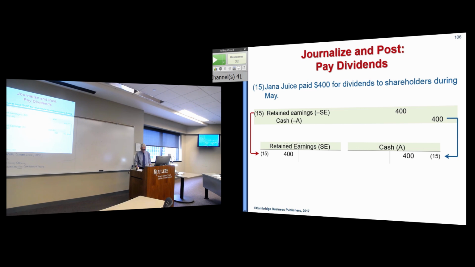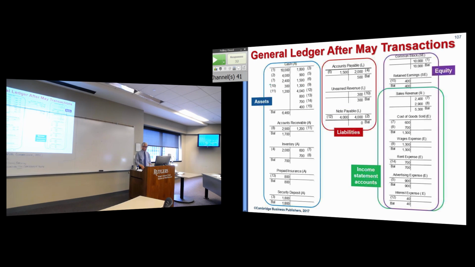So in summary, if you would have posted all of these, take a good look at this and follow the transactions through, looking at these account balances. I already did the payable for you. It started off with a balance of $4,000, you paid for it, now it has a zero balance.